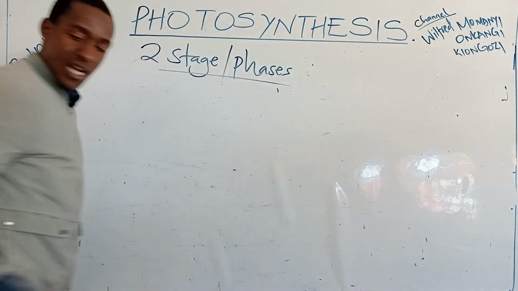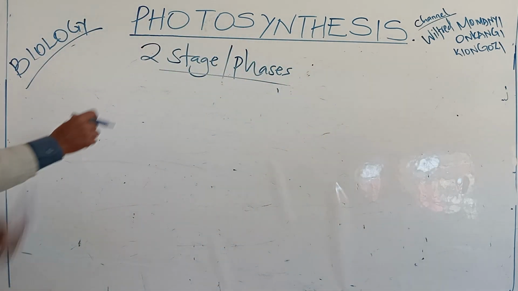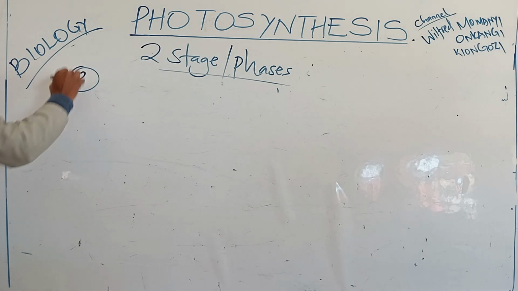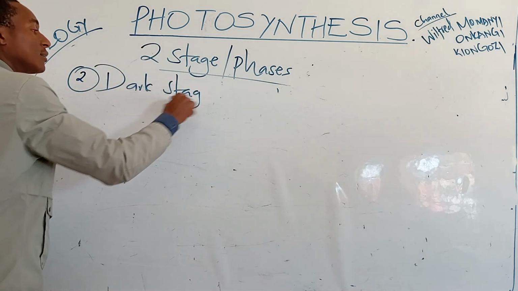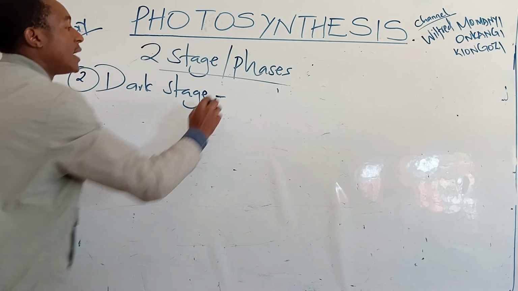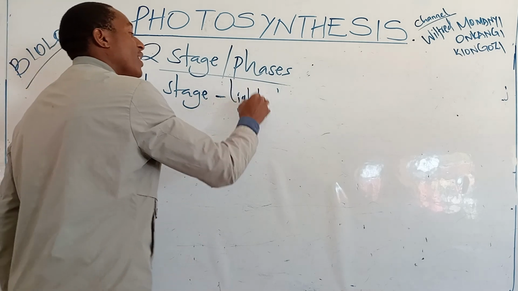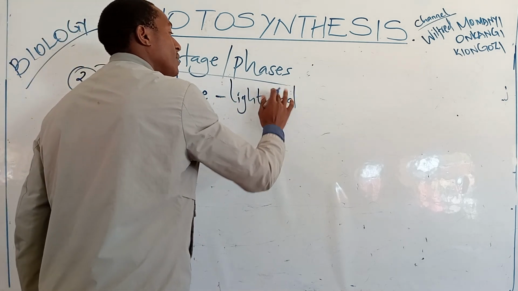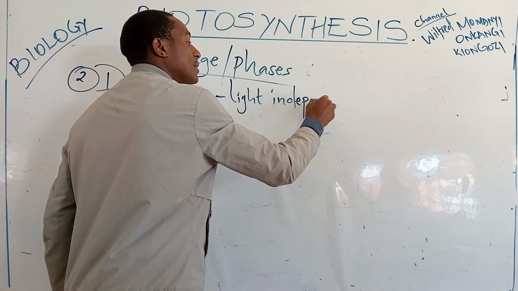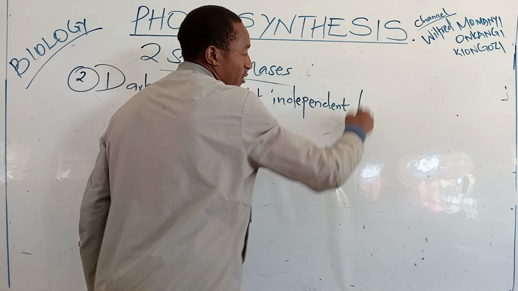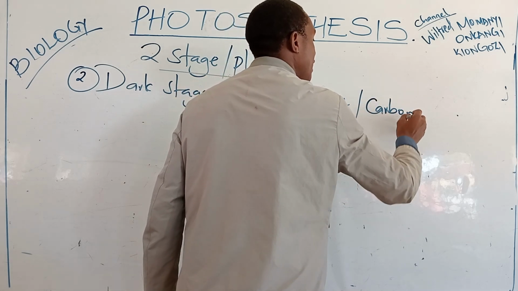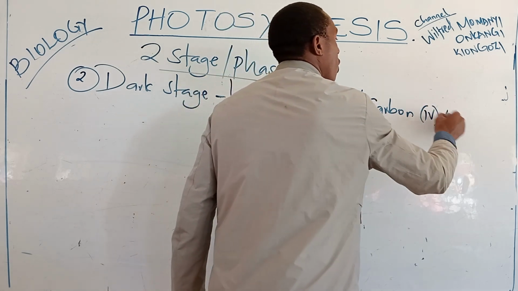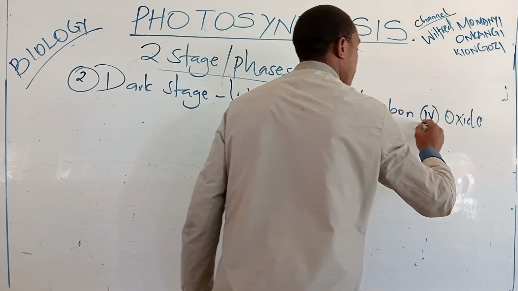Dark stage, we have three terminologies for it. This is number 2. We say dark stage, which is also called light independence. And of course, we can call it carbon dioxide fixation, we have said it already.